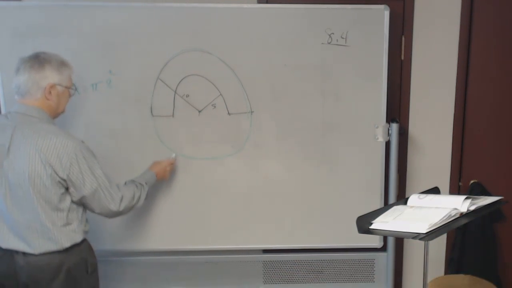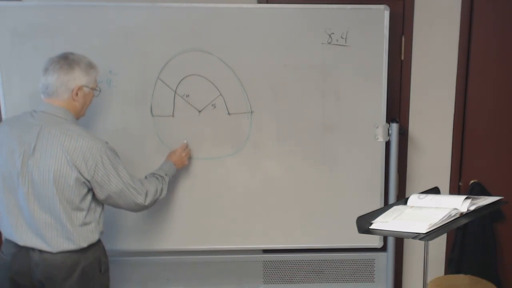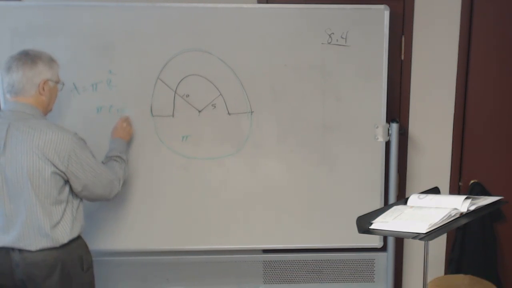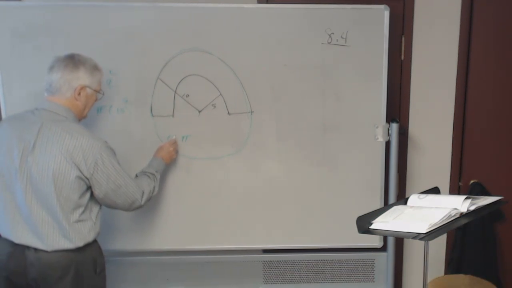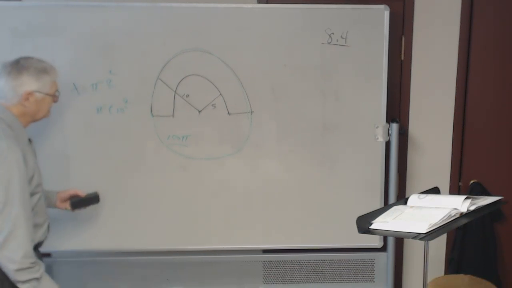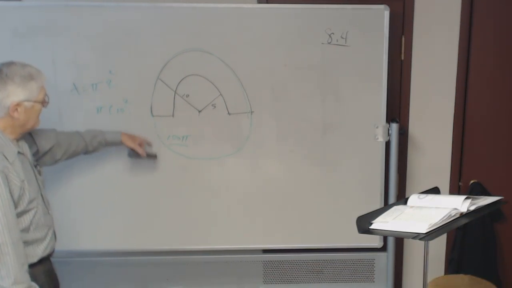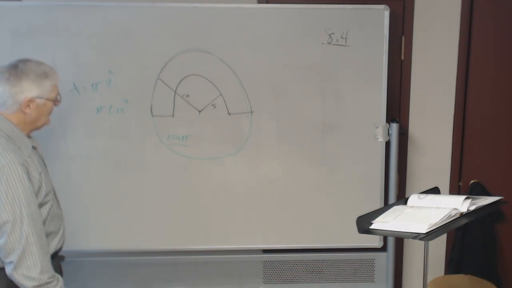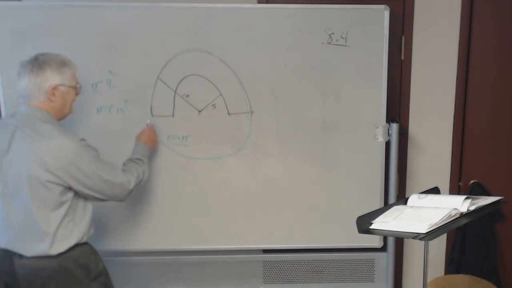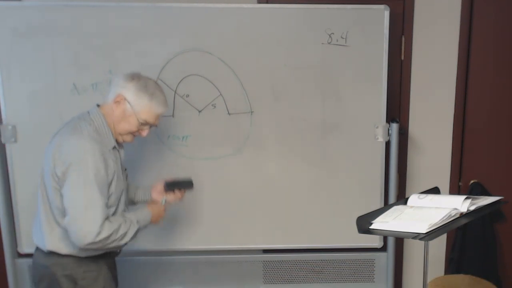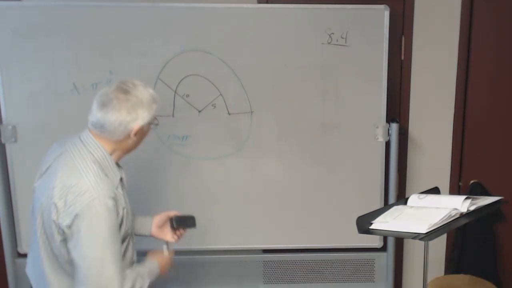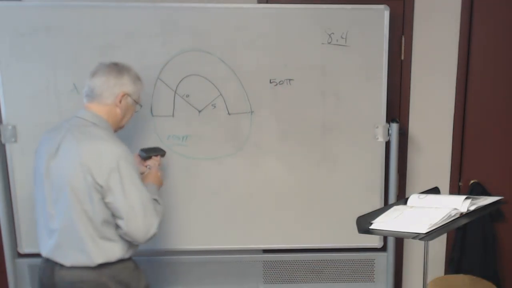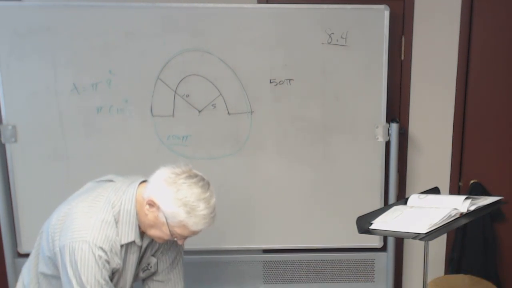The radius is 10, so this whole thing would be pi times 10 squared, or 100 pi. That would be the whole circle. If we only wanted half of it, that would be 50 pi. Now let's do the little circle.